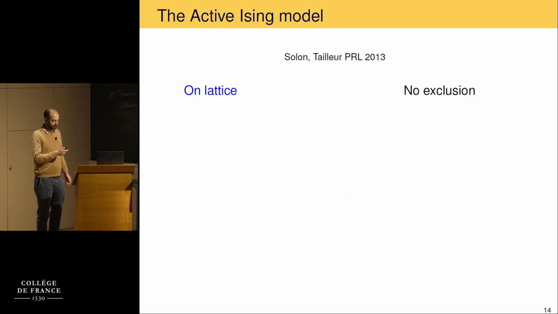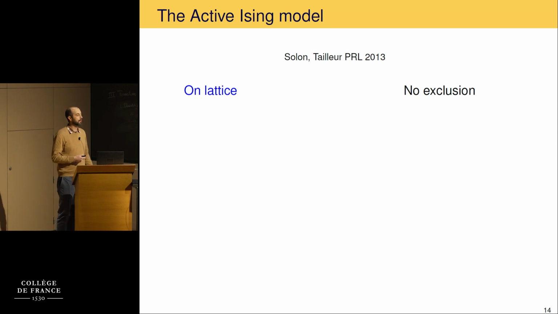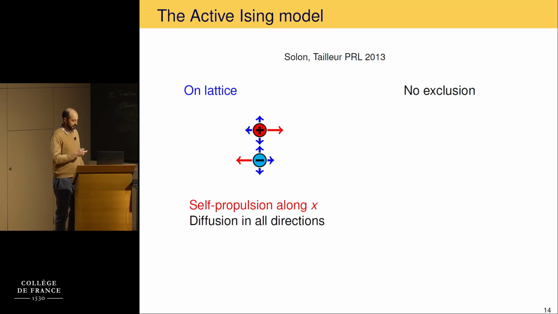And one such model that we proposed with Julien Tailleur in 2013 is called the active Ising model. So it's a lattice model with no excluded volume interaction. So you can have as many particles as you want on the lattice. And the particles carry an Ising spin.